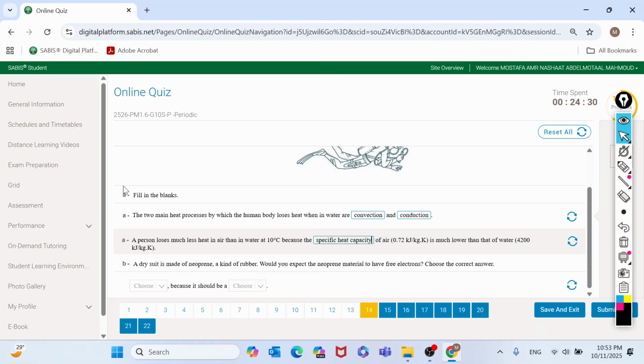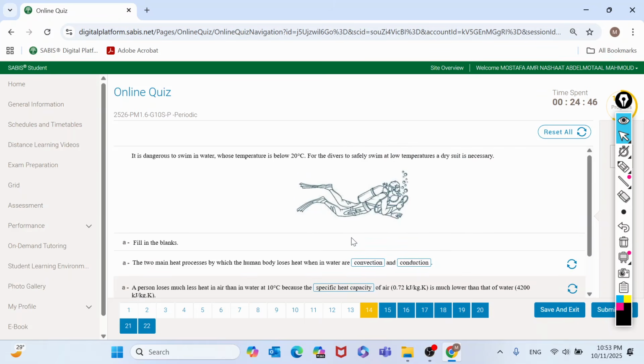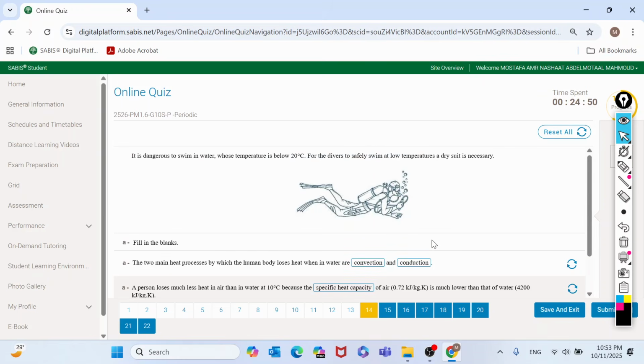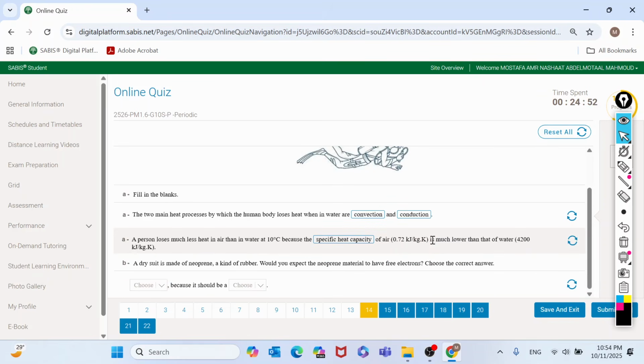Okay. Also, what's this? This one, I don't know why the specific heat capacity makes it transfer heat less. I'm not sure of that, but also water is a better conductor than air, so I thought it would conduct the heat out of your body.